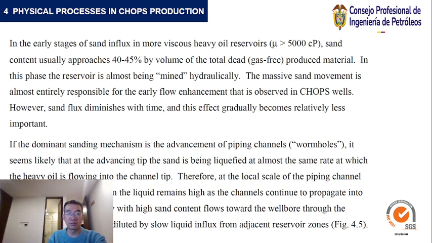As the slurry with high sand content flows toward the wellbore through the channel, it is progressively diluted by slow liquid influx from adjacent reservoir zones.